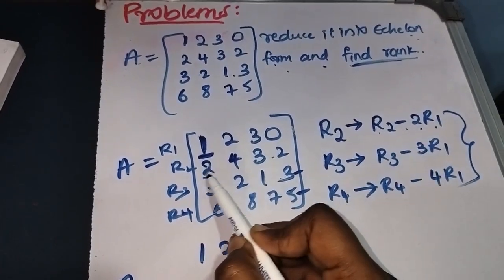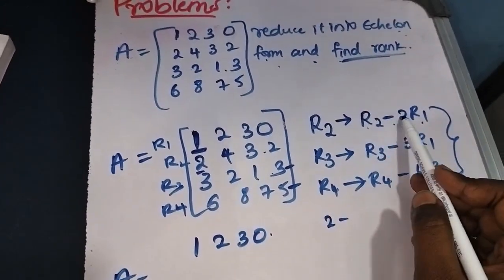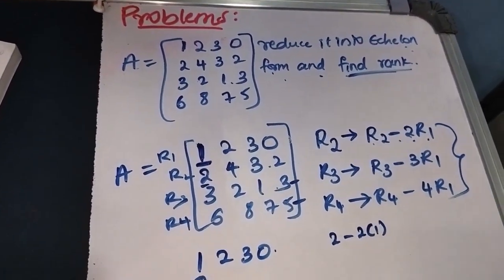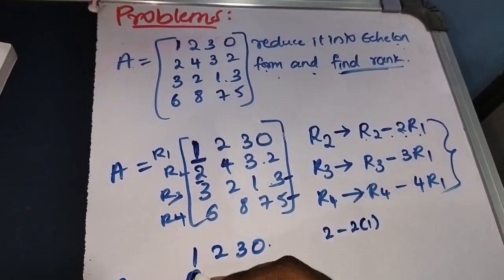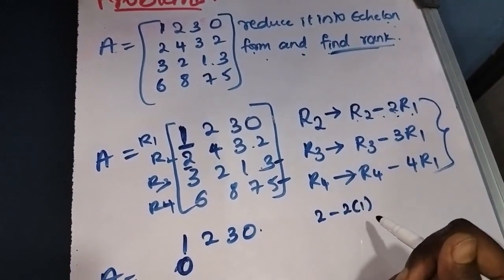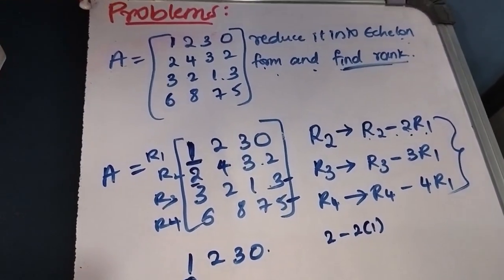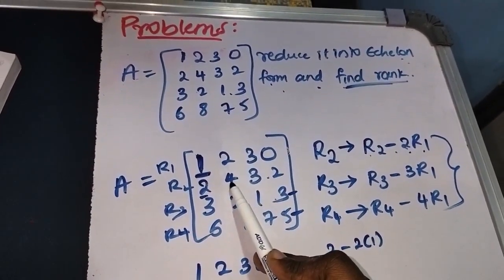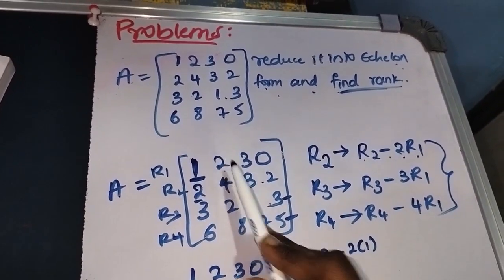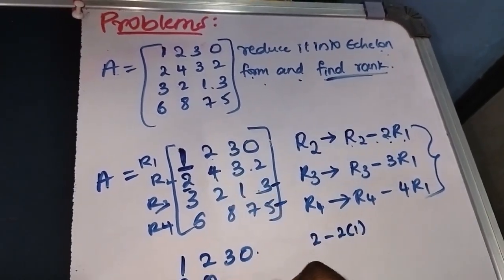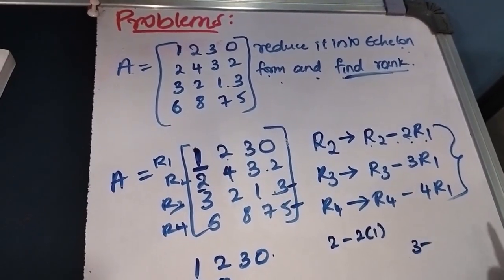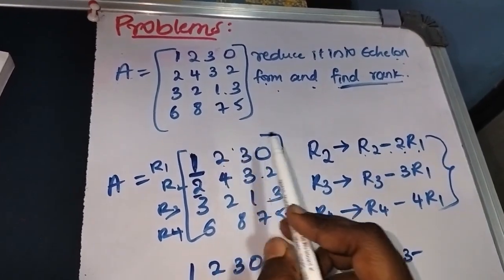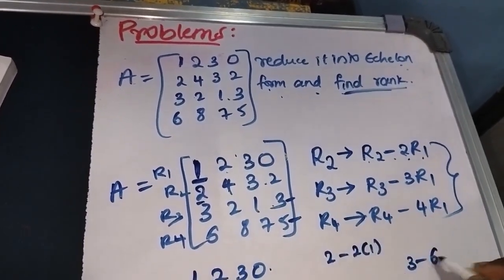What is R2? 2. 2 minus 2 into 1 is equal to 0. Here in the first place we got 0. We're happy to see that, because we are in the process of converting to the echelon form. And next, 4. 4 minus 2 into 2, 4 minus 4, is 0. And 3. 3 minus 2 into 3, which is 3 minus 6, gives minus 3.